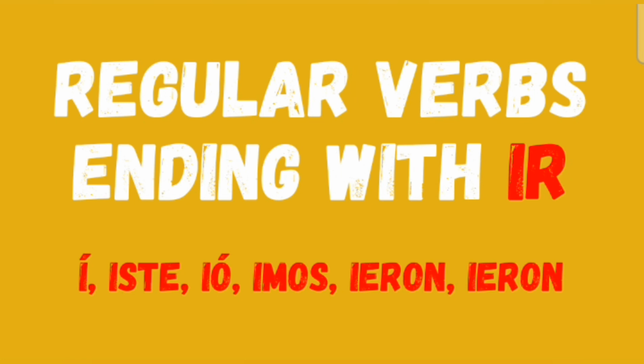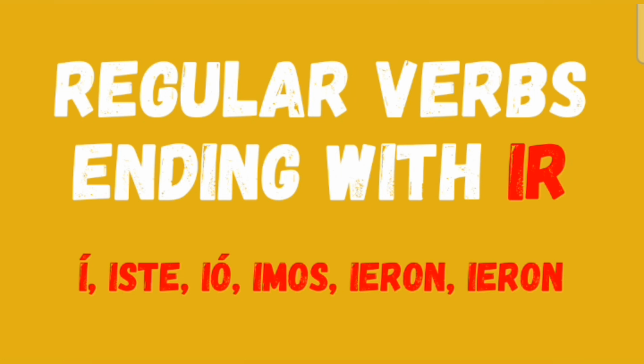Now if your personal pronoun is tú, the ending of your verb has to be iste. Now, if you have the personal pronouns él, ella, eso, the ending of your regular verb would be I and letter O with an accent, ió.